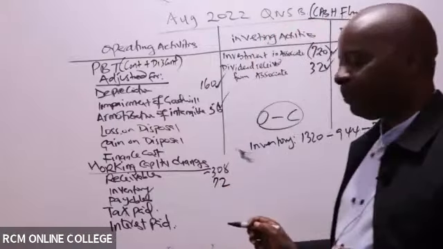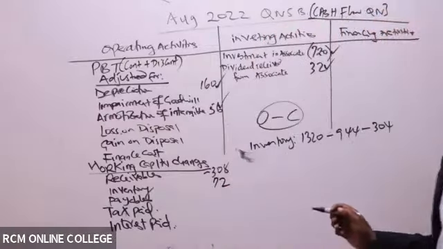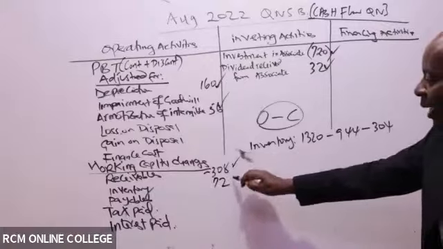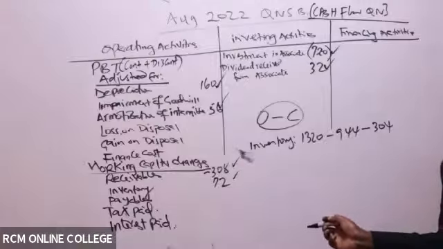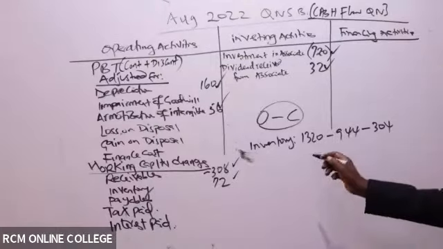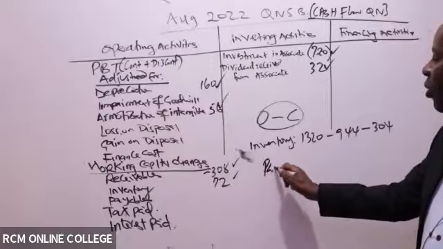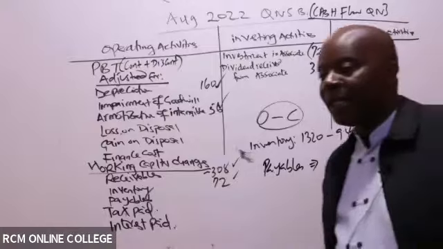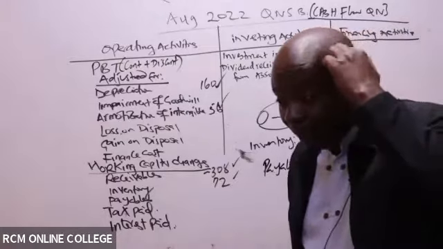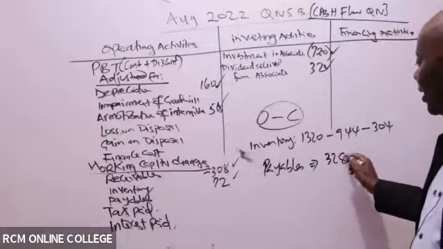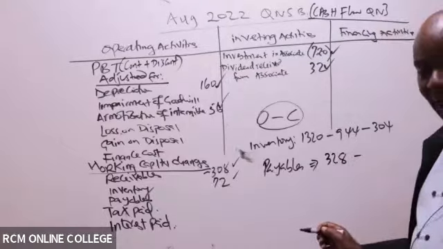Thank you so much. Go ahead and do the same for payables. I'm telling you, you are getting heavenly marks, very easy marks. We go to the payables. For payables, we have an opening of 328 and the liabilities.